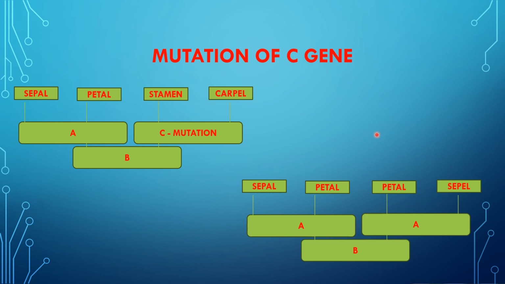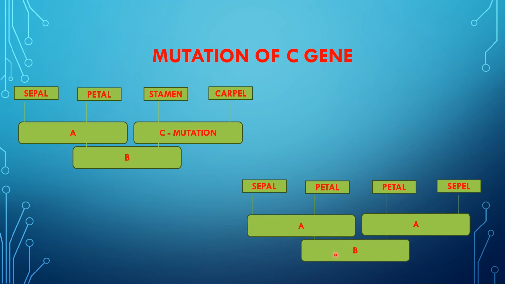Now let's look at what happens when there is a mutation with regard to C gene. When there is a mutation with regard to C gene, there is the presence of A gene. In the place of C gene, the A gene acts. So A gene alone gives rise to sepal.